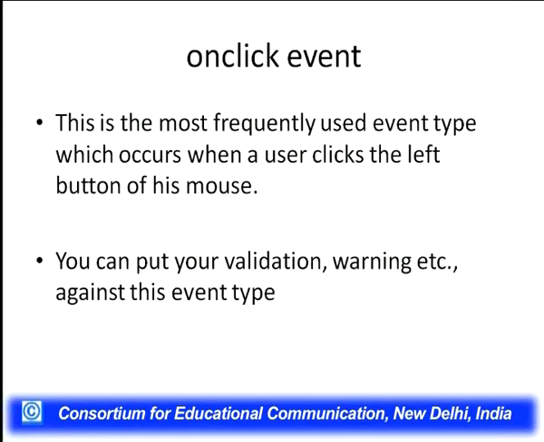Now on-click basically happens when the user clicks the left button of the mouse. So we can put a warning or a validation against this type of event, or if we are defining on-click for a button, then we can define a particular function so that when the user clicks the button, a particular action will take place.